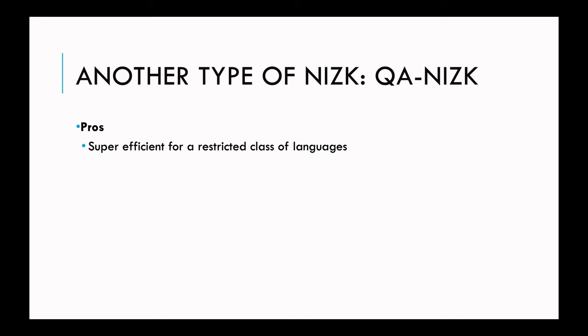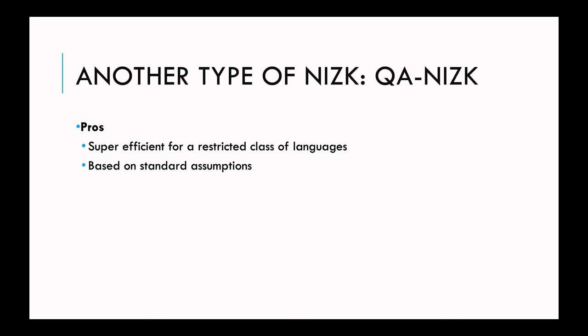So you can prove stuff about linear subspaces, and the argument length is just one group element. Another pro is that KNIZK is based on standard assumptions. You do not need non-falsifiable or non-black box assumptions here. You can just use, let's say, DDH or even CDH to construct KNIZKs.